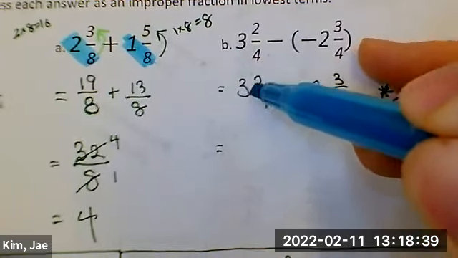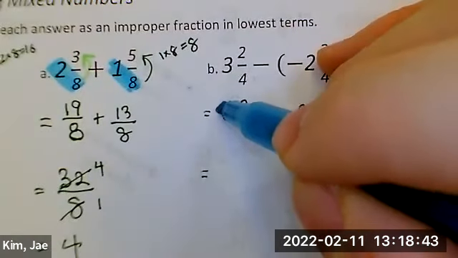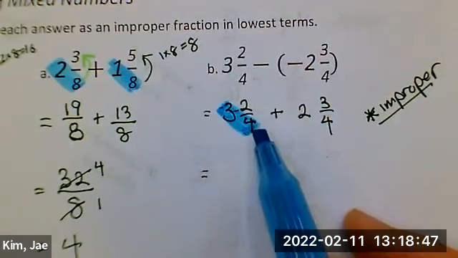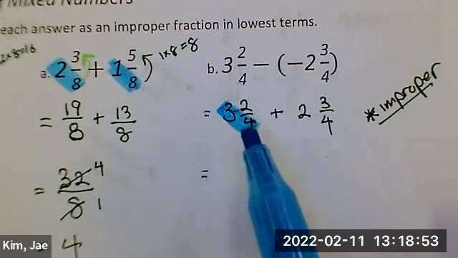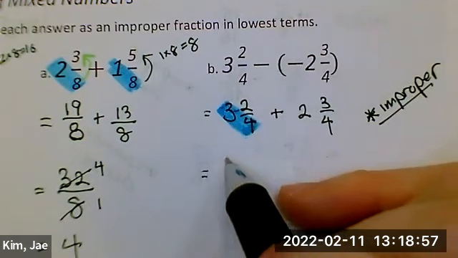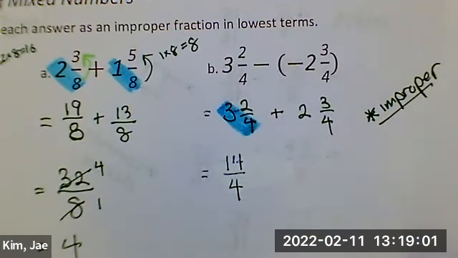The whole number will tell you how many of these fourths I have. So 3 times 4, 12. I have 12 pieces adding to the 2. I have 14 pieces if each piece is cut into 4. That's what the first fraction adds up to.